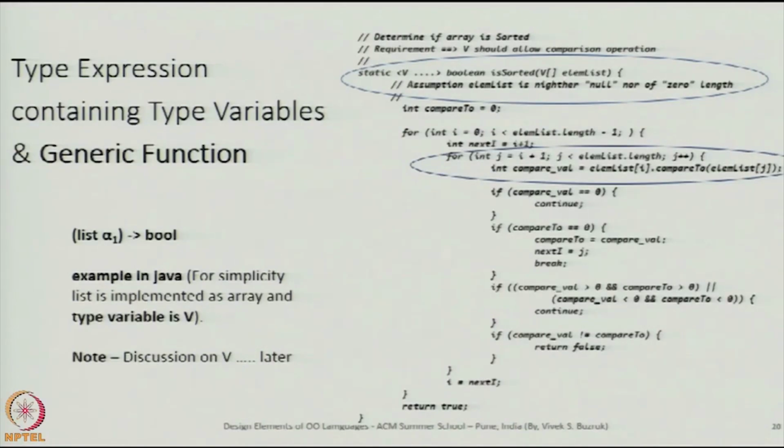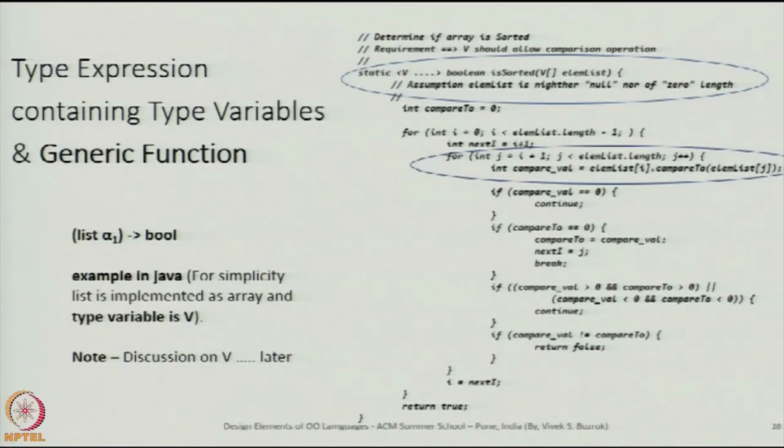Is it right? Because this v, which is a type here, should implement certain constraints, and then isSorted can be used for multiple kinds of types.